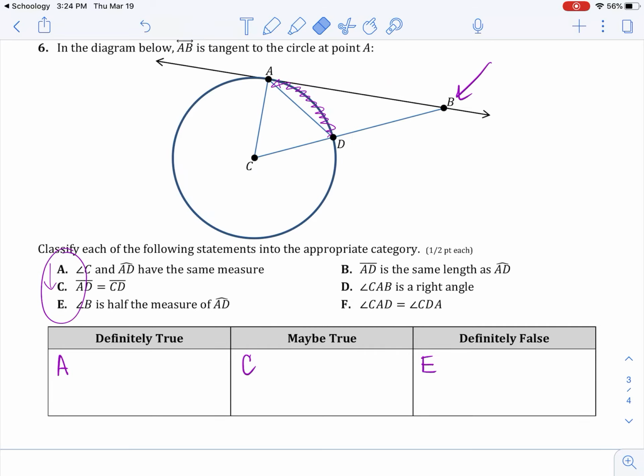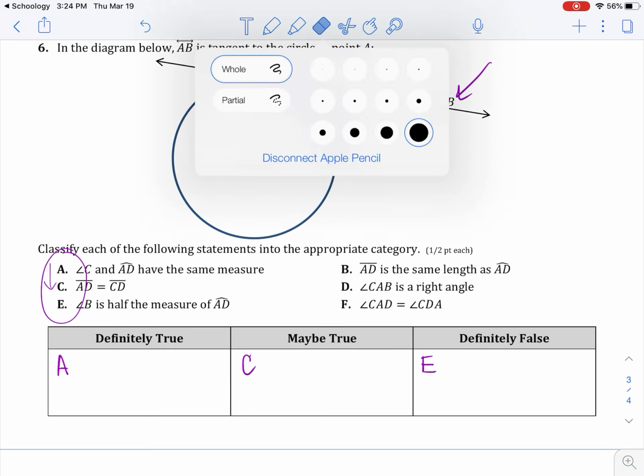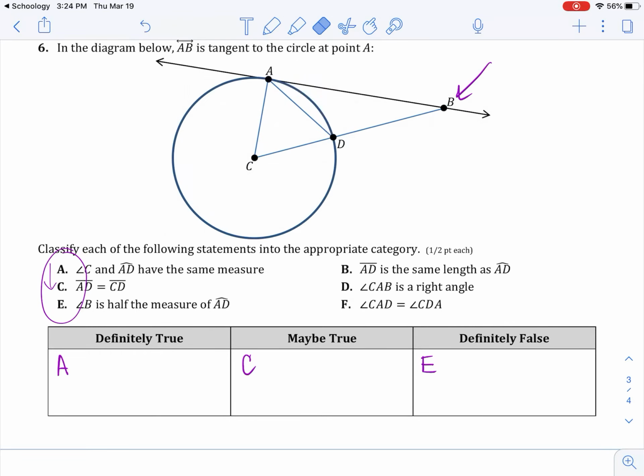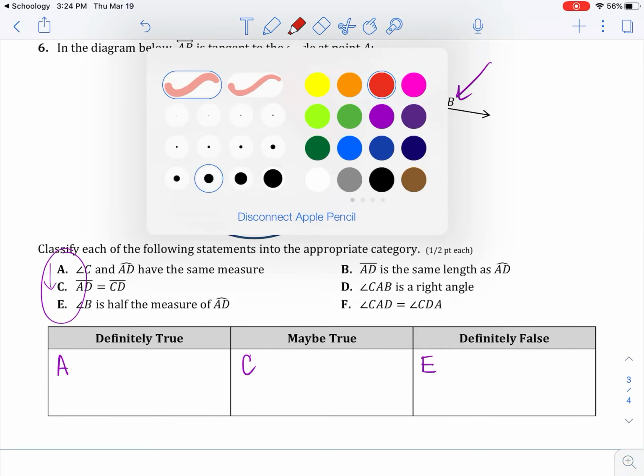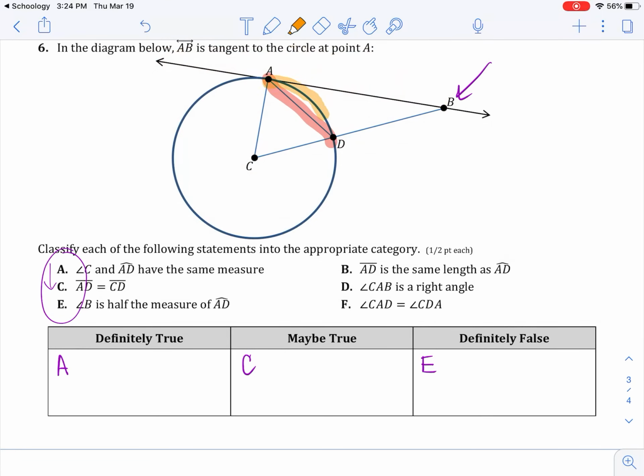I'm going to erase everything over here. AD is the same length as arc AD. All right, so here's segment AD. And here is arc AD. All right, think about a race between two people who run at the exact same speed.